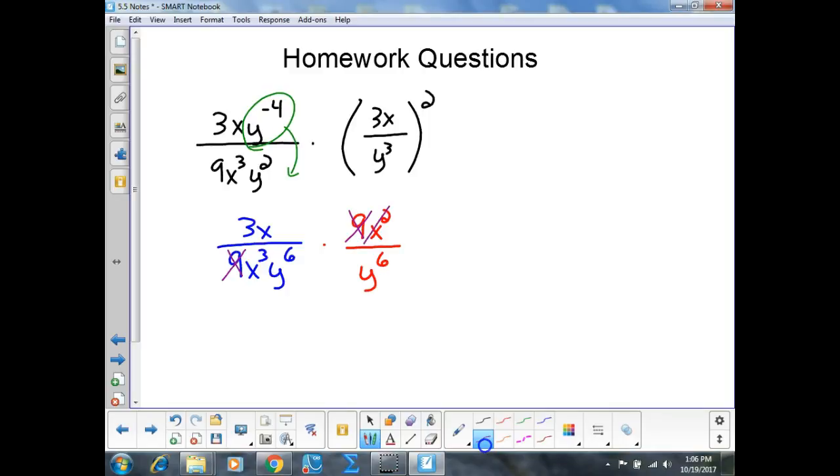The x squared cancels out 2 of the 3 x's on the bottom. The other x that's on top cancels out that other x. And I'm left with 3 over y to the 12th.